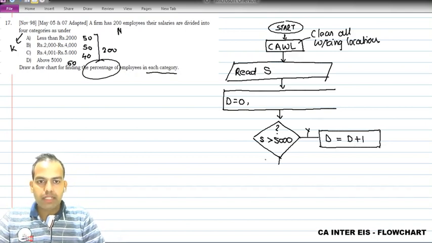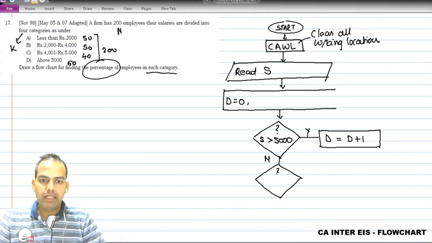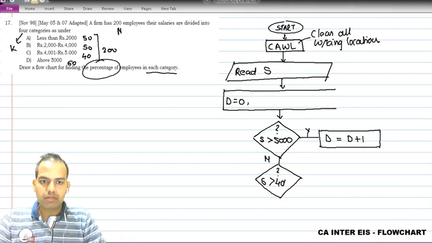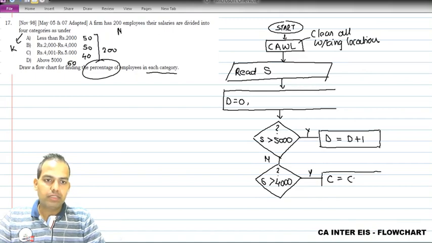If the answer is negative, no, then again I have to check if the employee belongs to some other category. He might have a salary of more than 4,000. If the answer comes yes, then it belongs to category B. Sorry, it's C. C is equal to C plus 1.